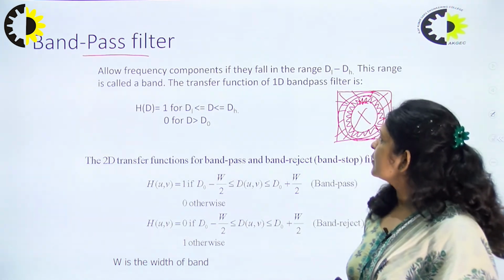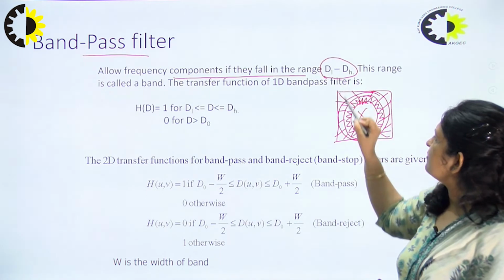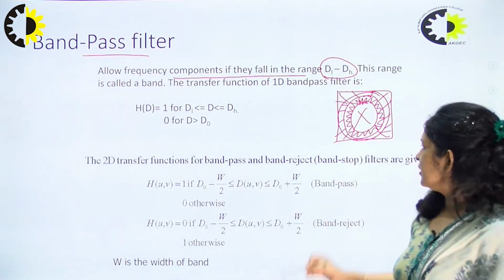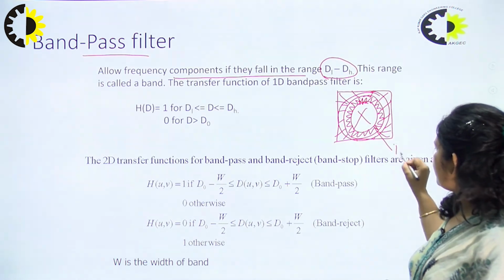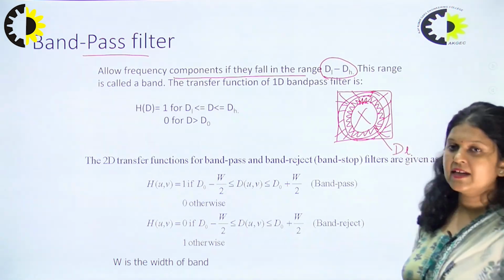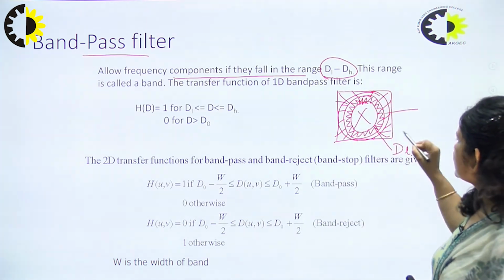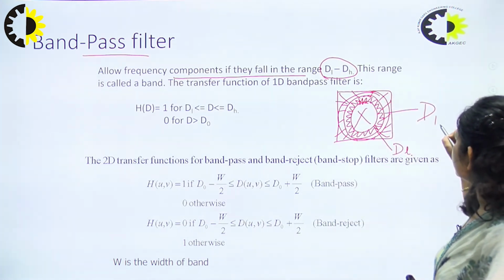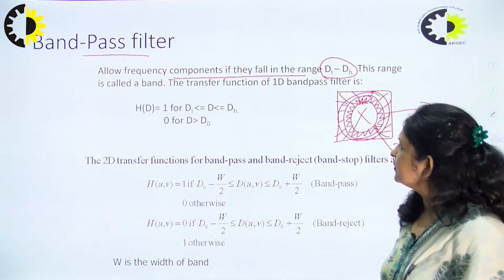Okay. So it would allow the frequency components if they fall in the range D L to D H. Suppose this inner concentric circle of the band has the frequency D L and the outer band has the value D H. So in between D L and D H I want to keep.